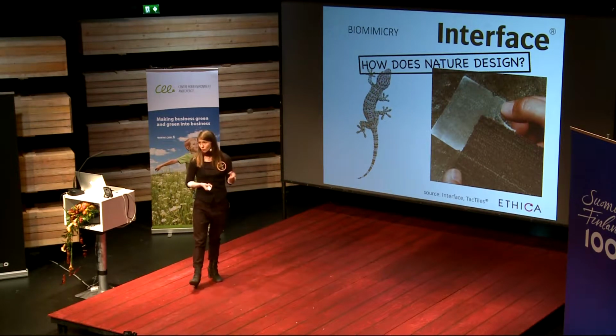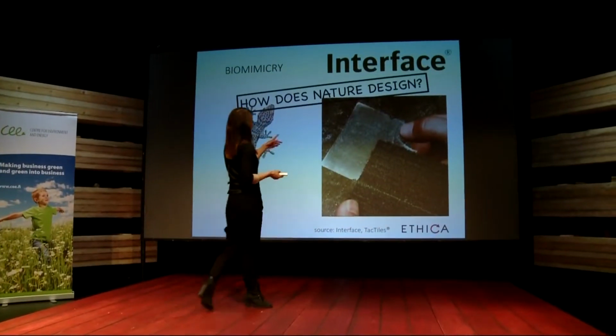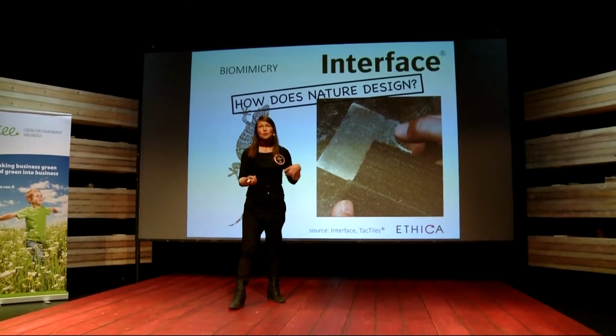This is one of their concrete examples of biomimicry. Can you find any kind of similarities? There's a gecko on the left-hand side, and then there's Tactile on the right-hand side, which is their product, or actually a method of how they stick those modular carpets together. To put this in context, they're in the carpet business, which is quite wasteful.